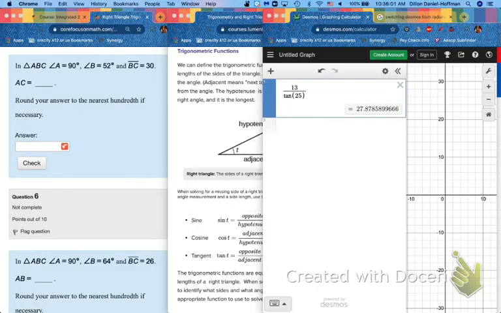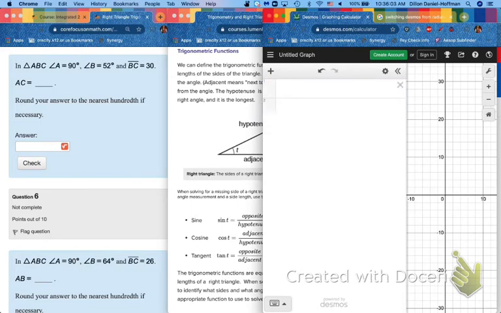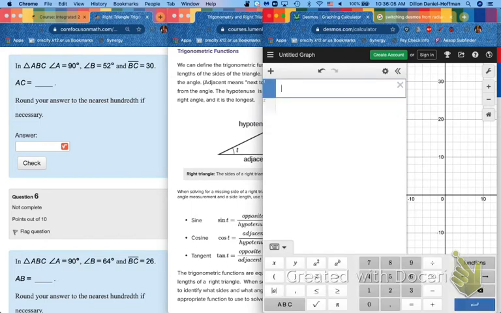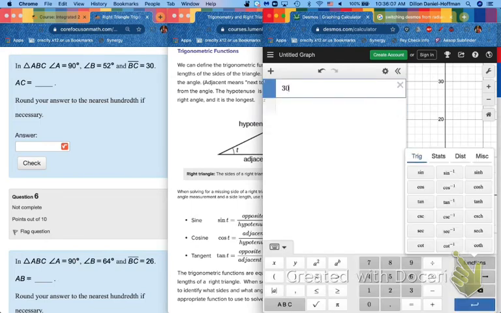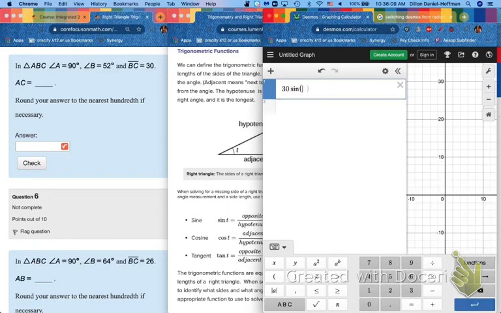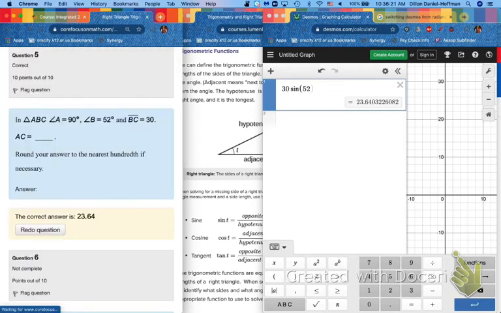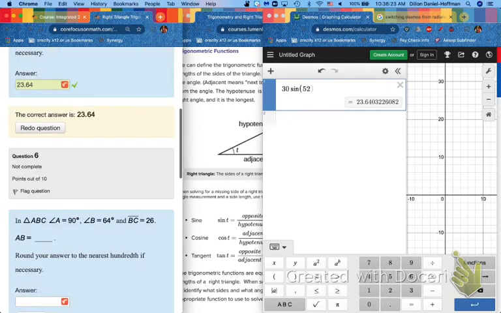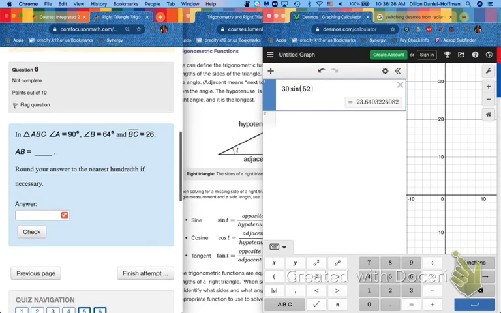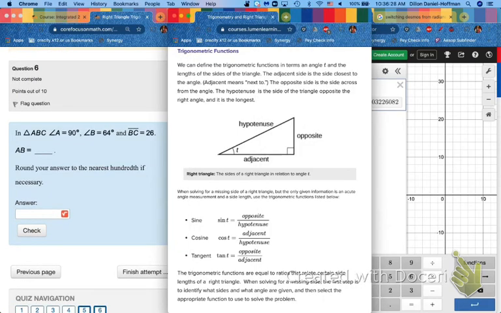Let's close out of this one. Remember, we don't even need to write the times. I can just hit 30 sine of my angle B. 23.640. The 0 makes it super easy to know we're not going to round that up. It's as low as it gets. 23.64. And boom goes the dynamite. 5 for 5. Last problem, and then we are done.